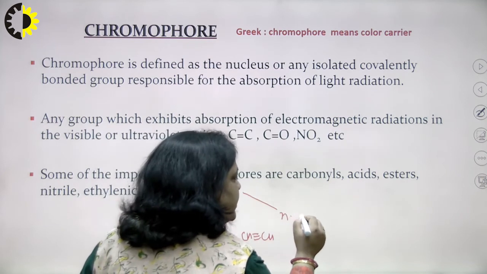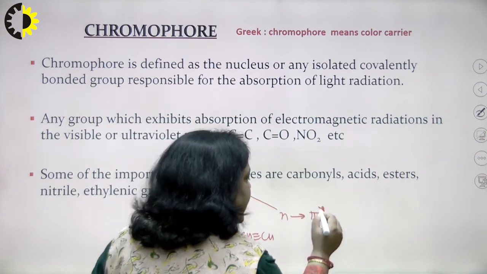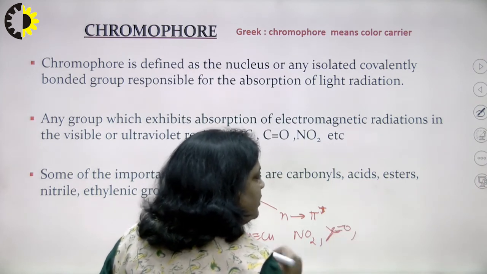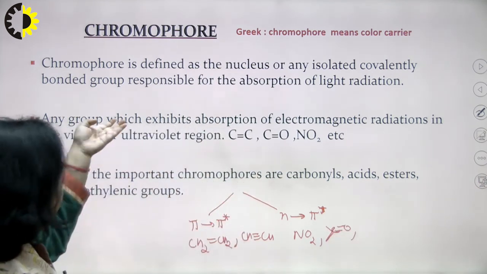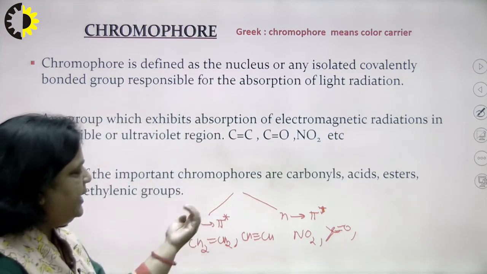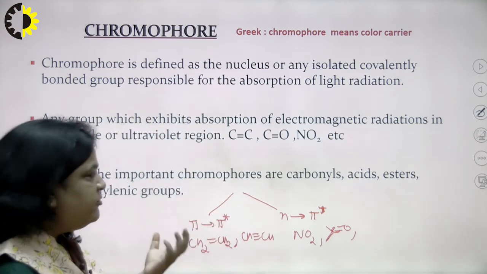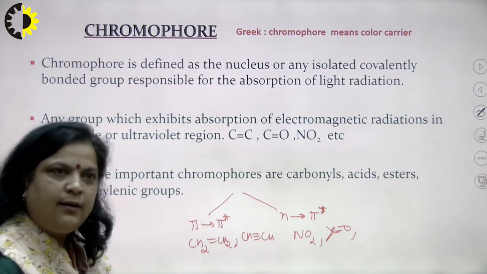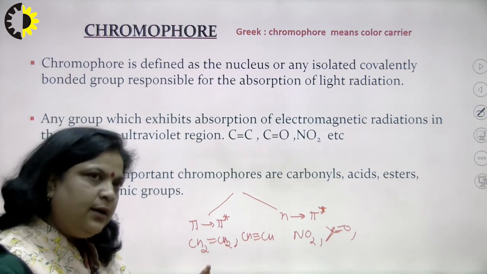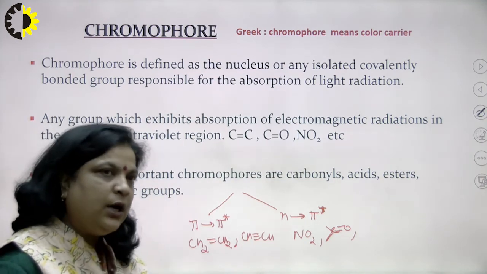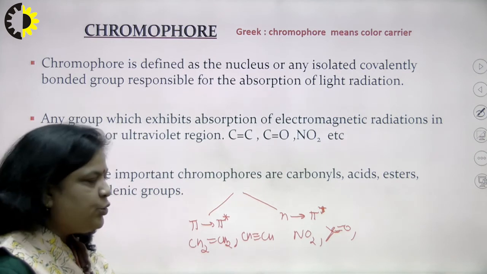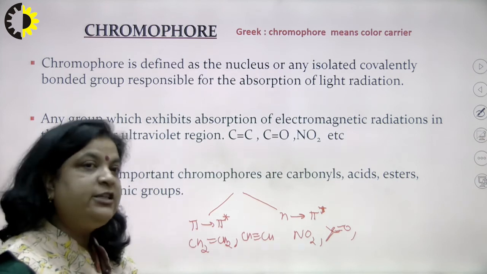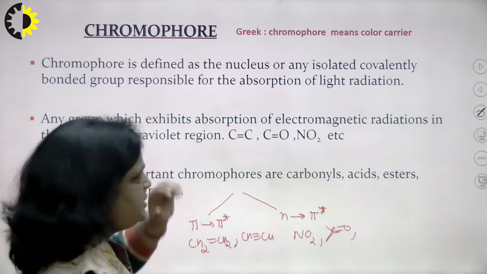Here the possible transition is n to pi star, like NO2, the carbonyl group, CN, etc. So basically we can classify them into these 2 types. Some important chromophores are carbonyls, acids, esters, etc. So I think it is clear that those types of groups or compounds which show a characteristic absorption band or which develop color are termed chromophores.